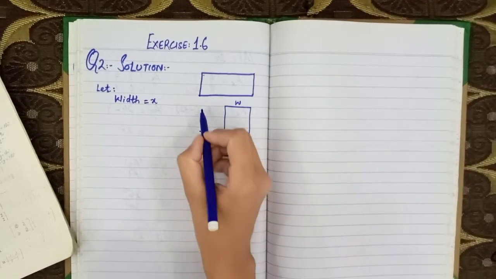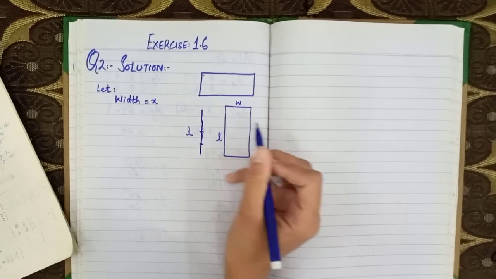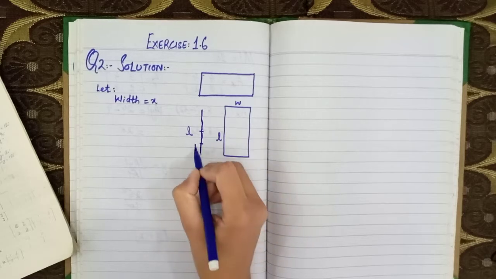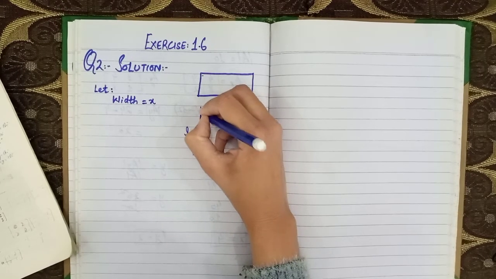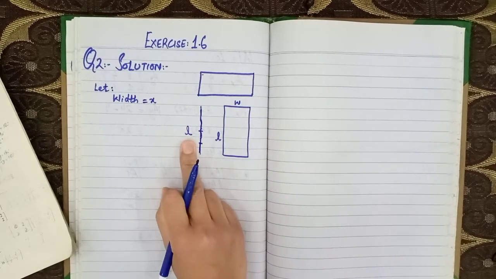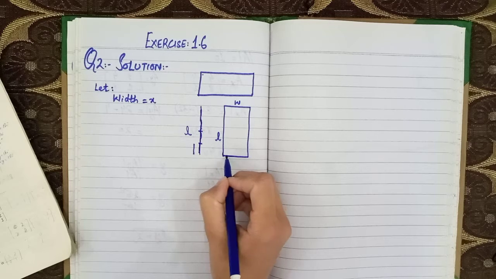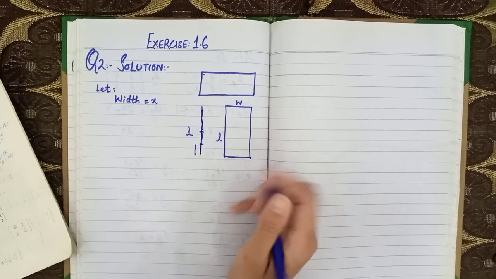So 4 times of the width will make 1 time of length. When the 4 times of width combine together, 1 time of length would be made.